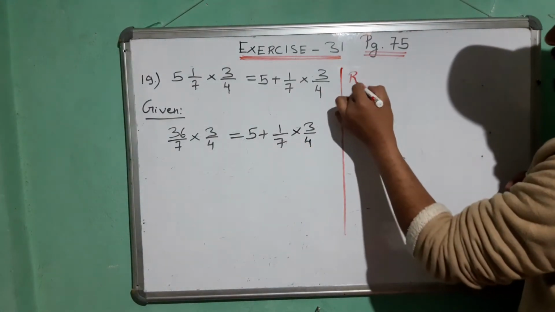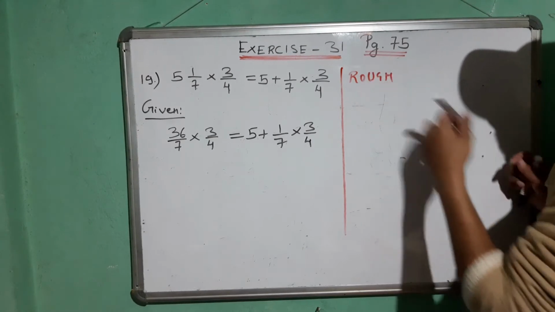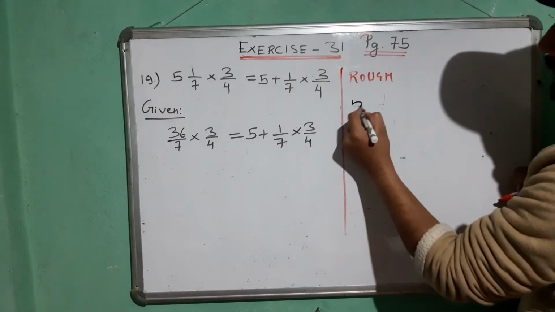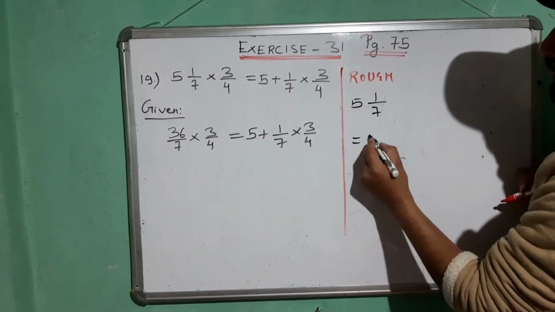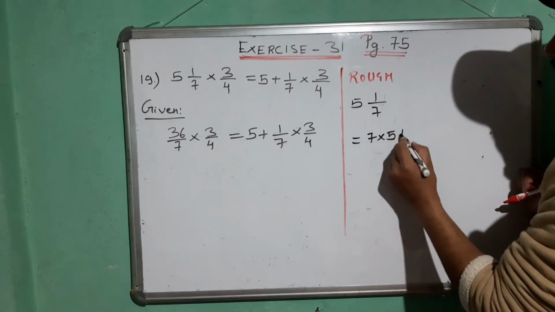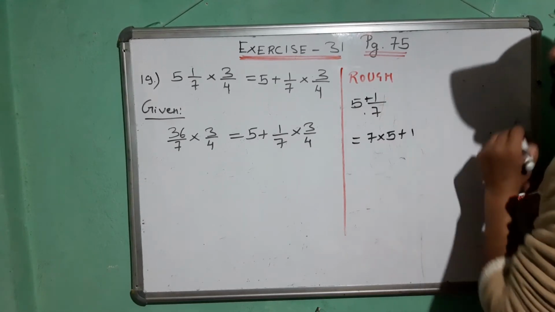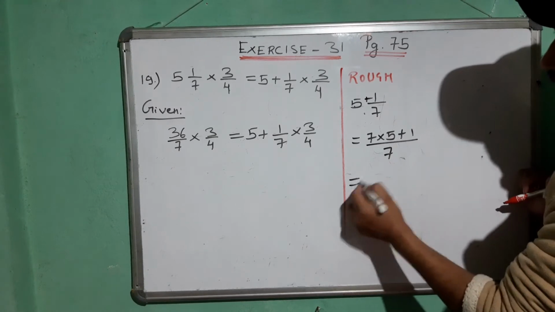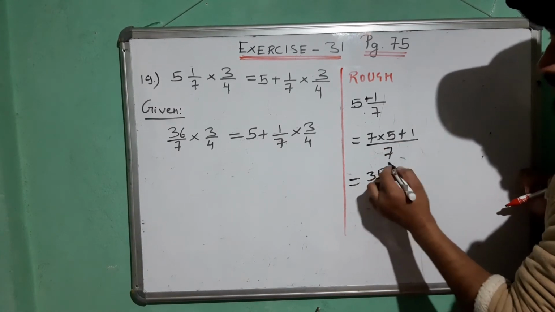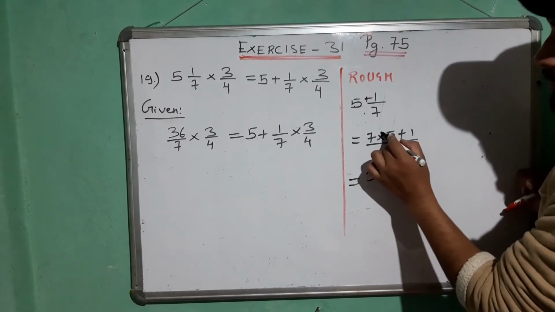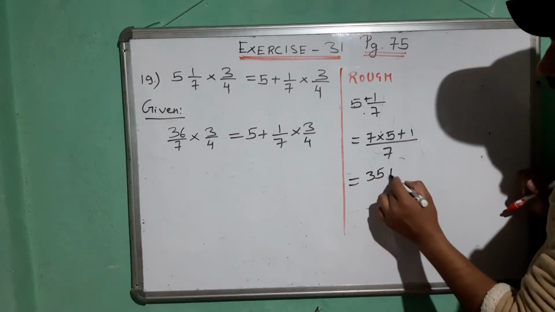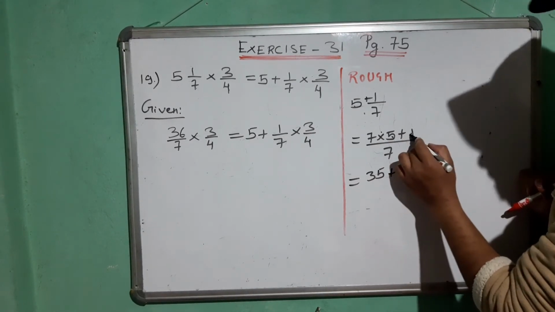Rough column. 5 1 by 7 will be equal to 7 into 5 plus 1, this into this plus this, divided by 7. So 7 into 5 is 35. You have to follow BODMAS: first multiply and then add. 35 plus 1. Don't add this first.